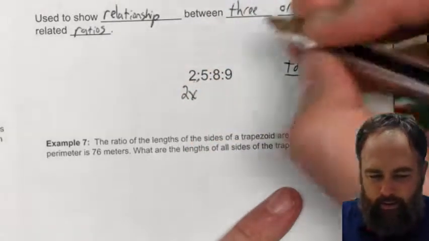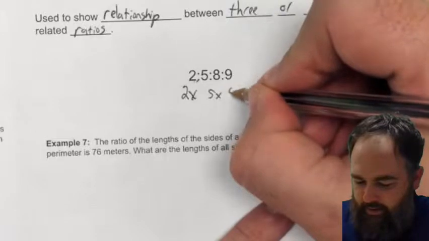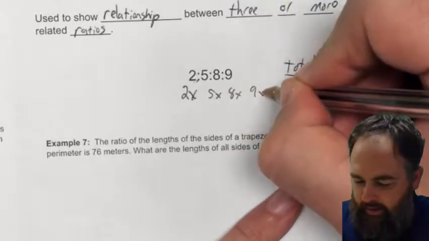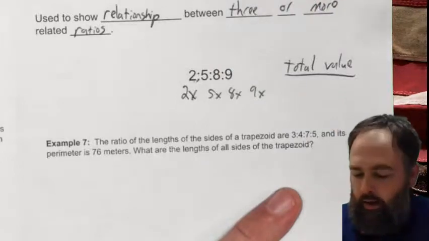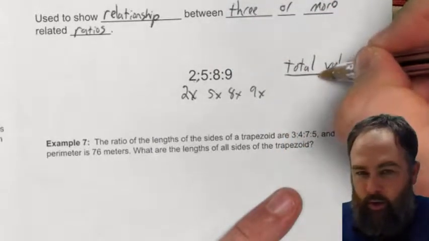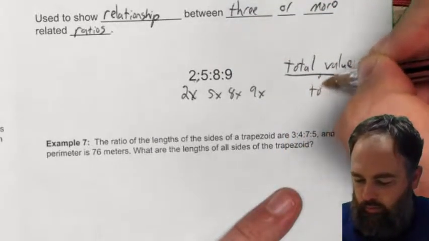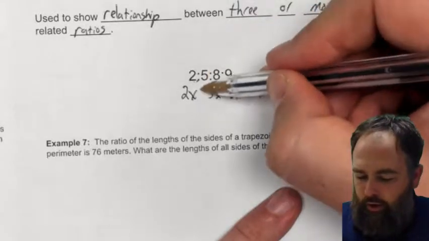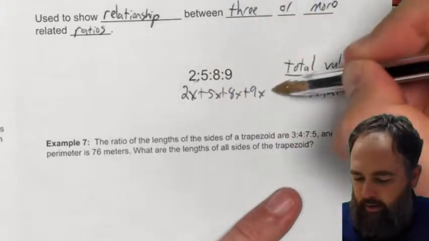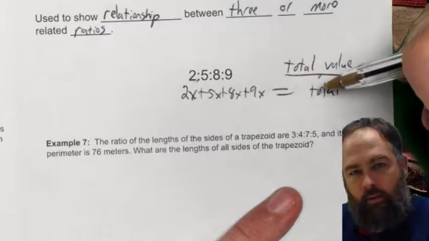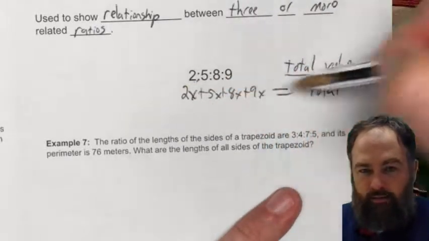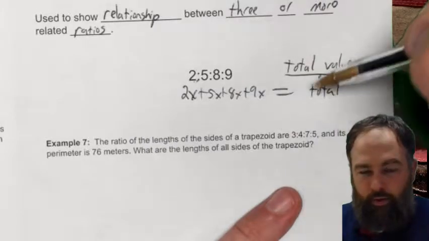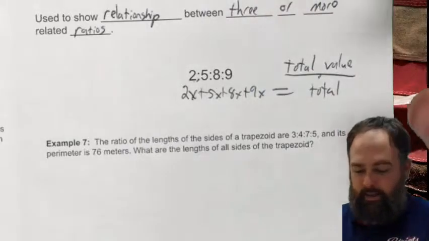So 2x, 5x, 8x, and 9x. All I did was put an x behind each of those and take out the colons. Now, if I also have a total, then I could just add all of these together and make it equal that total value. So then I have an equation that I can solve. Combine like terms on the left and then divide through to find the value of each x.